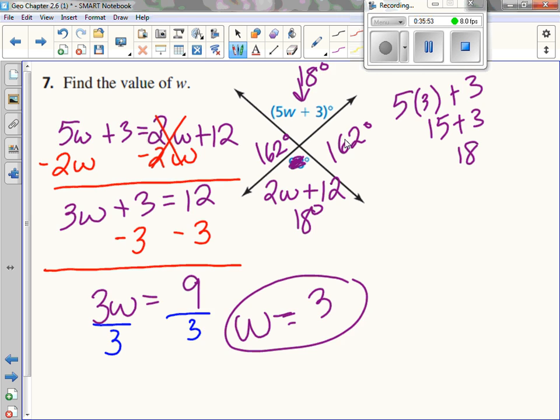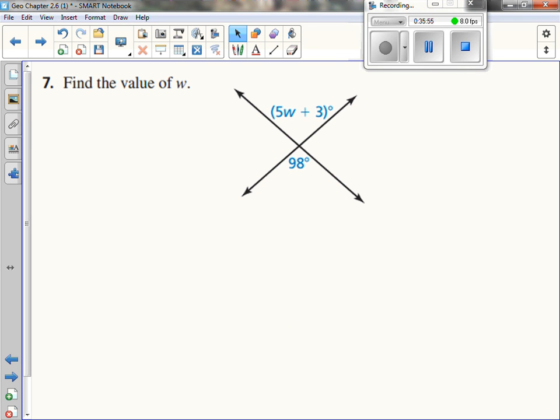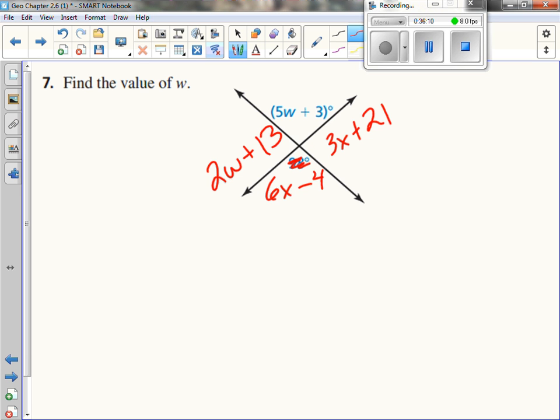Now, I'm going to just show you this here, because it could be that this here is 6x minus 4, 3x plus 21, and have this here. Do the vertical angles have the same variable? Well, no, right? Because one of them has w, one of them has x. But what do we know about two angles that make a straight line?